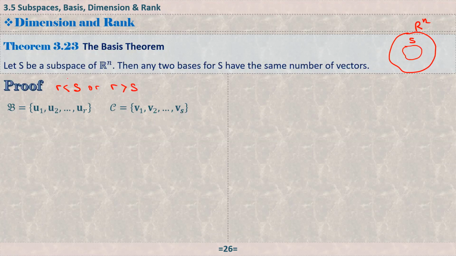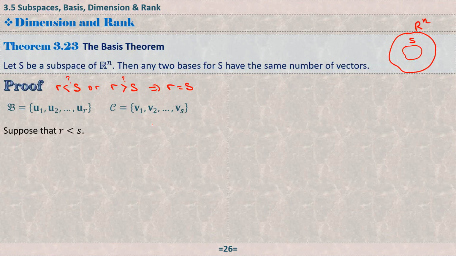This forces r to be equal to s. If you pick any two real numbers, and I know that r is not less than s and r is not greater than s, then I can conclude that r must be equal to s.